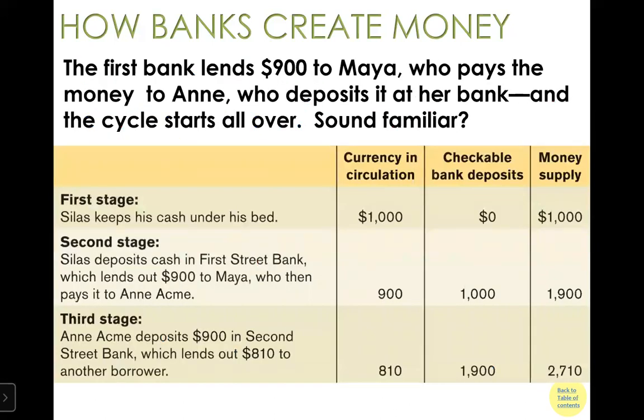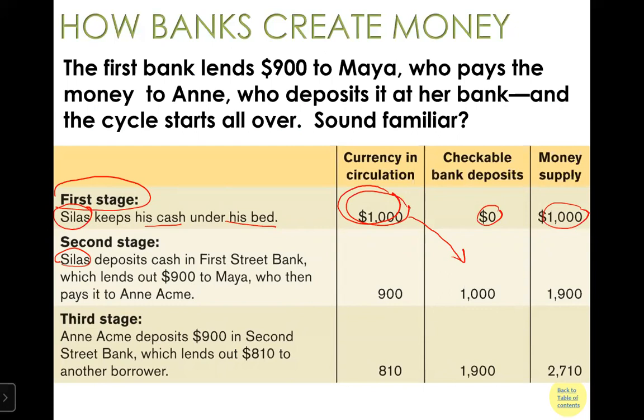Okay. Start with the first stage. So this is Silas keeping his cash under his bed, and the currency in circulation is 1,000. No bank. Money supply is 1,000. Now in the second stage, Silas deposits cash in the bank, and his cash is going to show up as a checkable bank deposit.